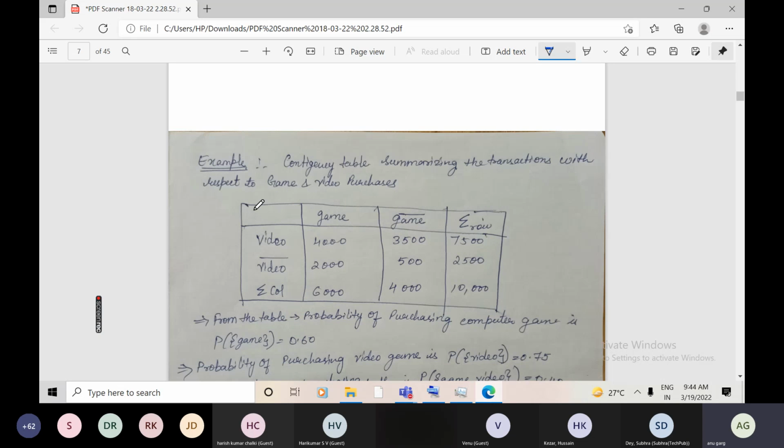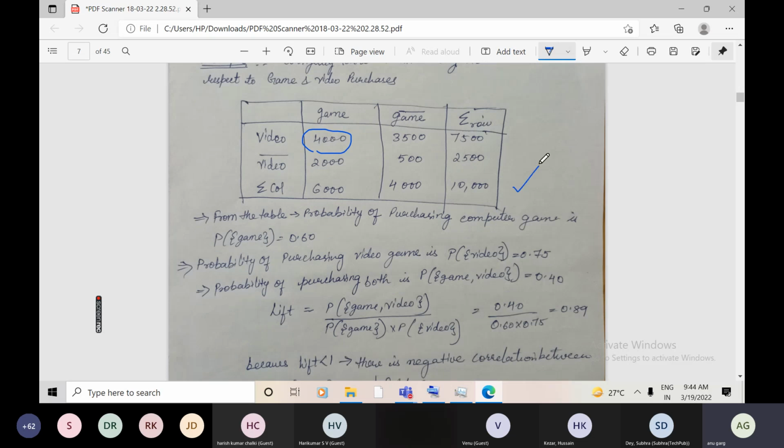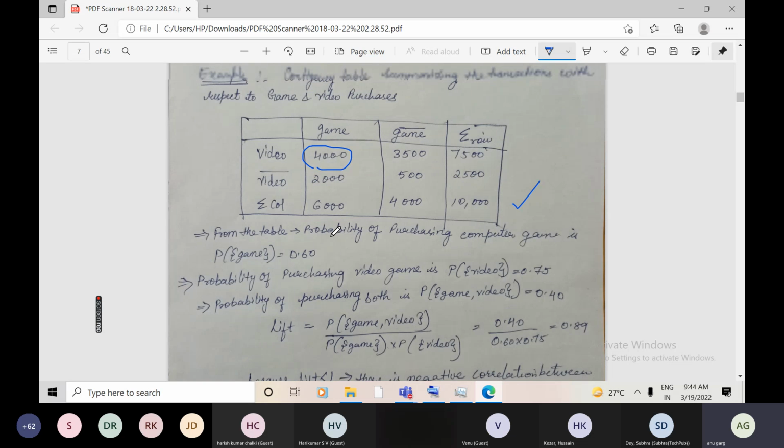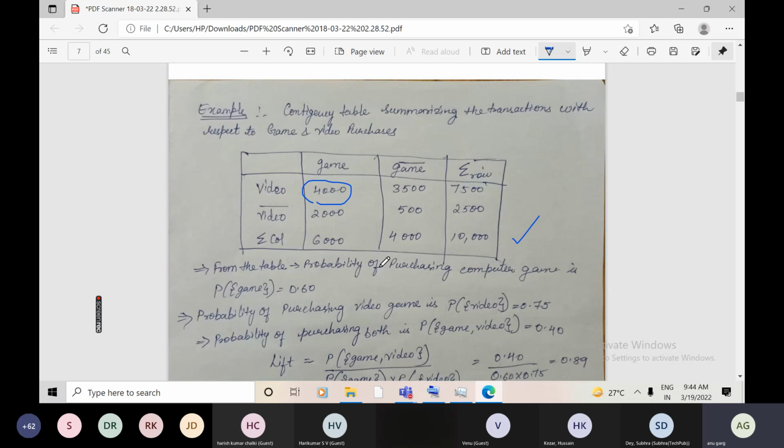This contingency table is given. In this table, this is the count where you are buying both video game and computer game. This contingency table is written based on the probabilities, and it is given. From here, you have to find out the lift.